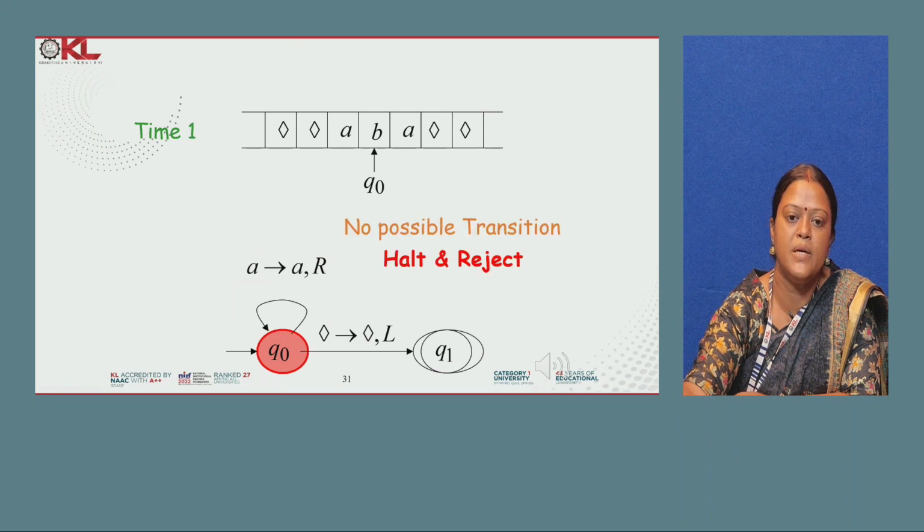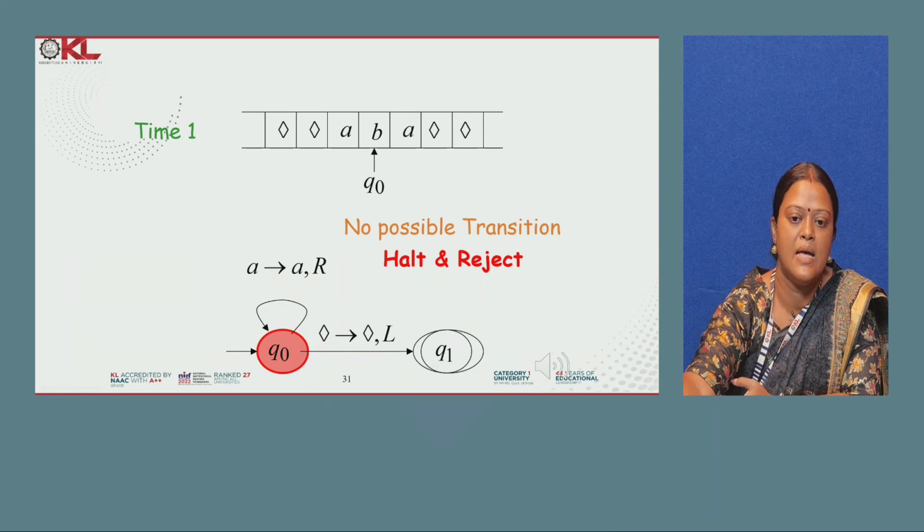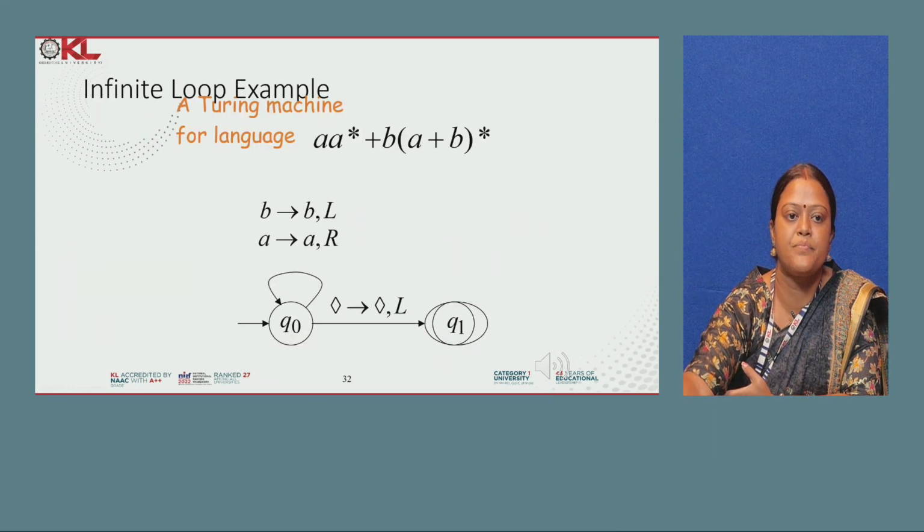Once we reach B, no move is defined in Q0 for B. That means it halts in Q0, which is a non-final state, so it rejects the input and halts. The Turing machine is correctly designed; this input is just not accepted by the machine, so it rejects it.